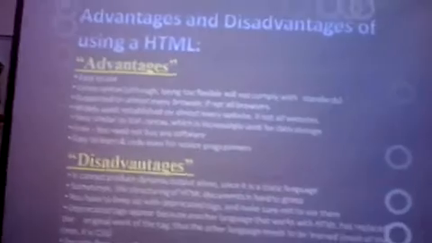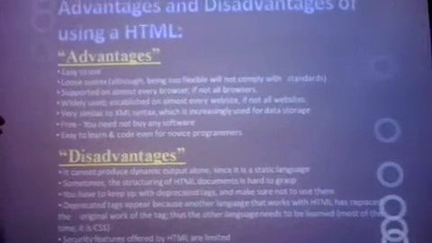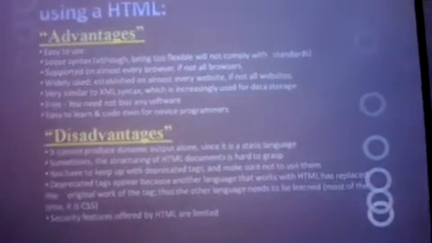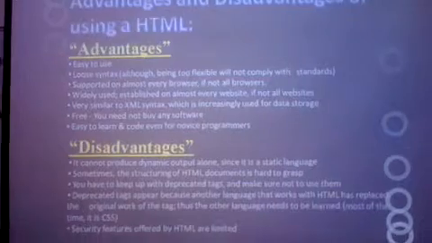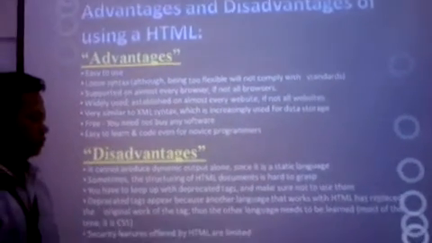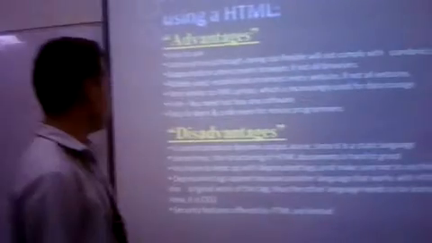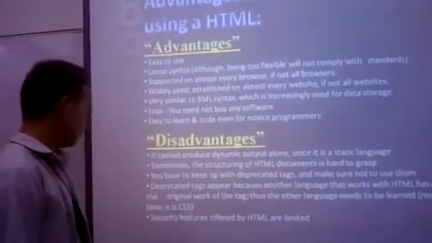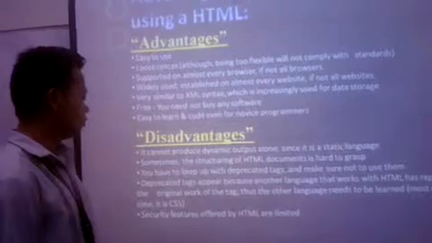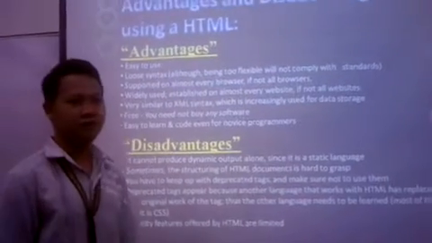Duplicated tags appear because another language that works with HTML has replaced the original word of the tag. Thus, the other language, which is CSS, needs to be learned most of the time. Last, security features offered by HTML are limited.